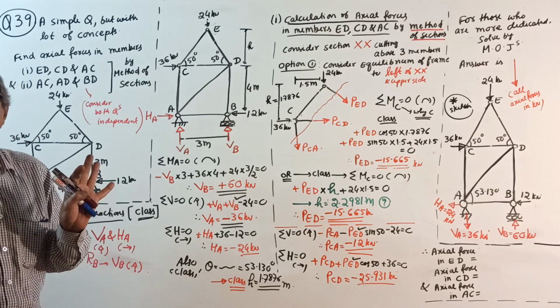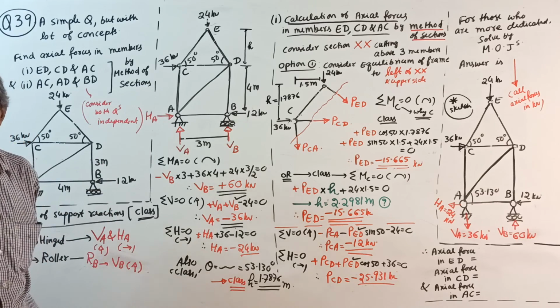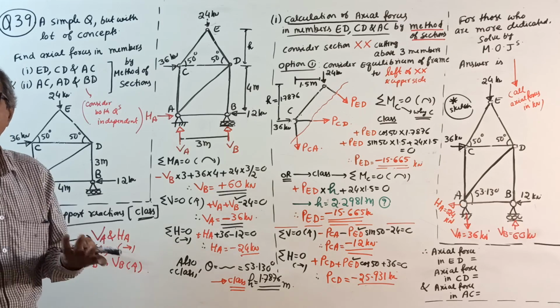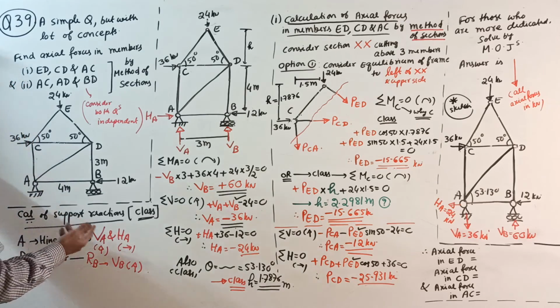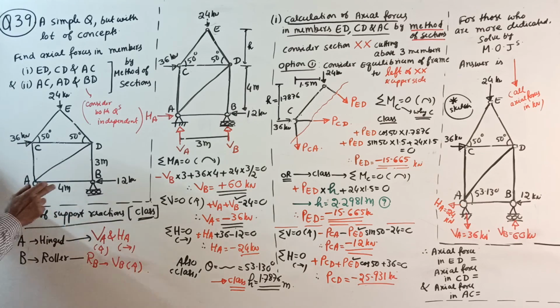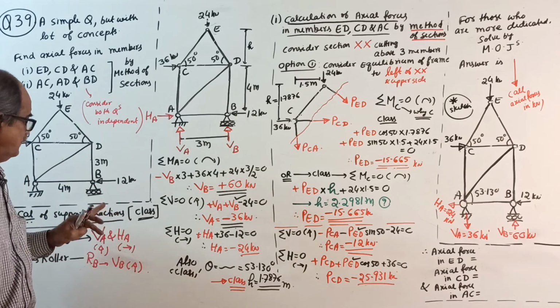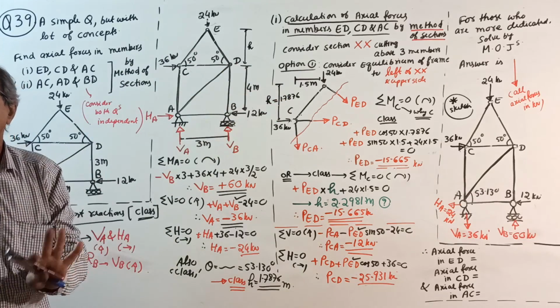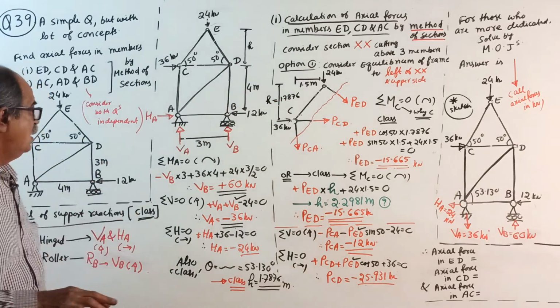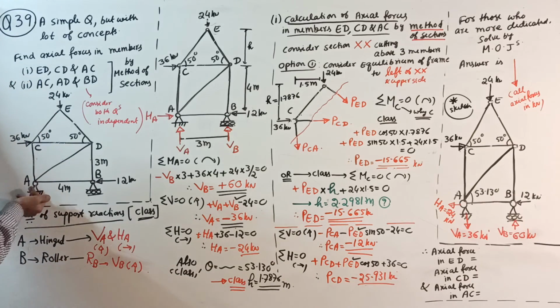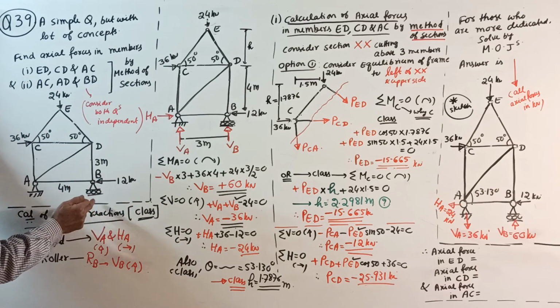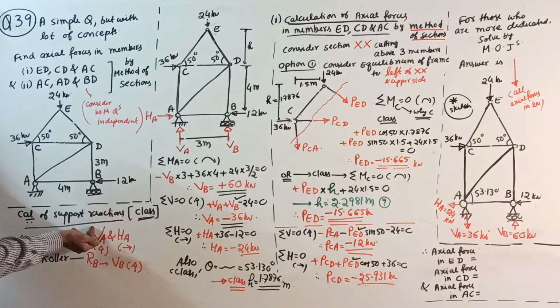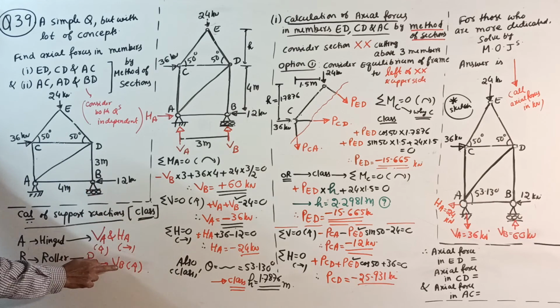But you do not do those things; that is extra imagination required. Depends on your capacity. As I told earlier, when you find support reaction, directions are to be assumed. In case your assumption is wrong, a negative sign will come. That will take care. That all you know. So I will take VA up, HA right, and at B roller, normal reaction VB up.